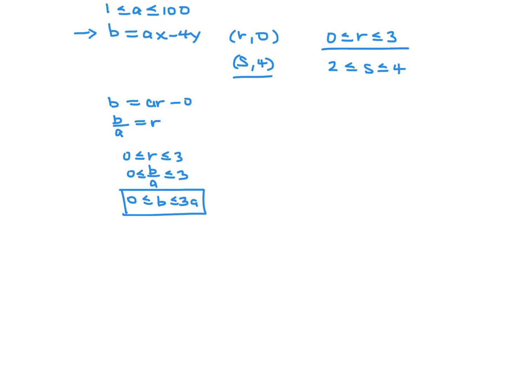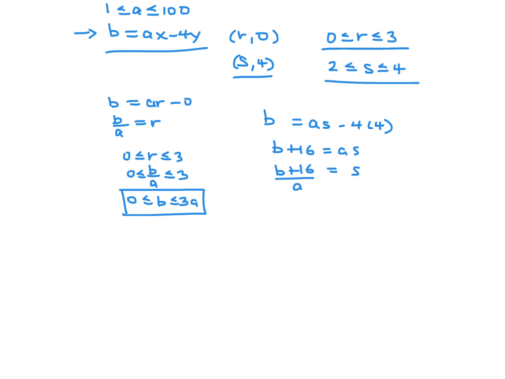And very similarly, let's put (s, 4) into this equation. So that would be b is equal to as minus 4 times 4. So that would mean b plus 16 is equal to as, and therefore s is equal to b plus 16 over a. So s is between 2 and 4, so we just put in b plus 16 over a is between 2 and 4.